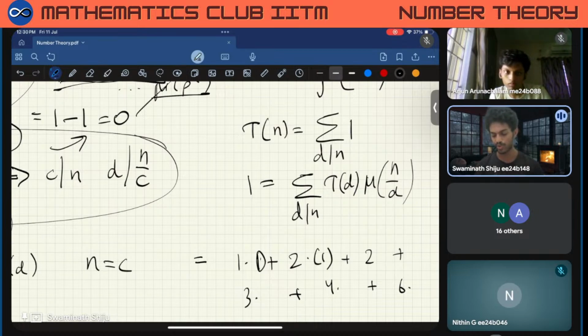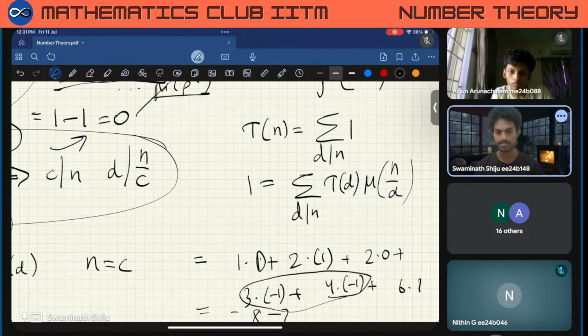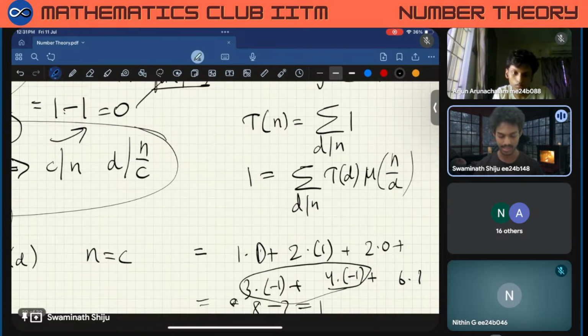Mu of 12 by 3 is mu of 4, that's 0. And then this is mu of 4, mu of 3, that's minus 1. This is mu of 2, that's minus 1. This is mu of 12, that's 0. So wait, no, this is mu of 1, that's 1. So what we have here is 6, this is minus 7. 8 minus 7 equals 1. Right? That works. Now we can try the same thing for sigma also.